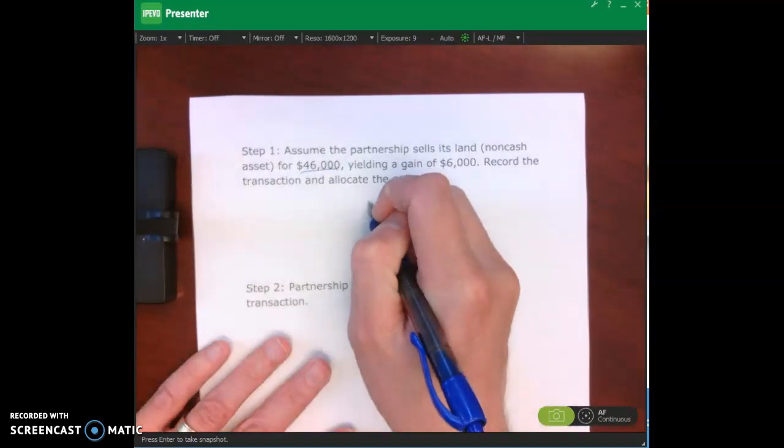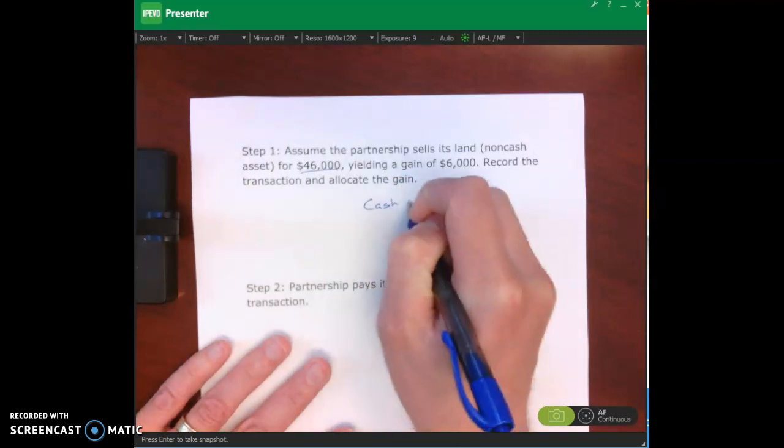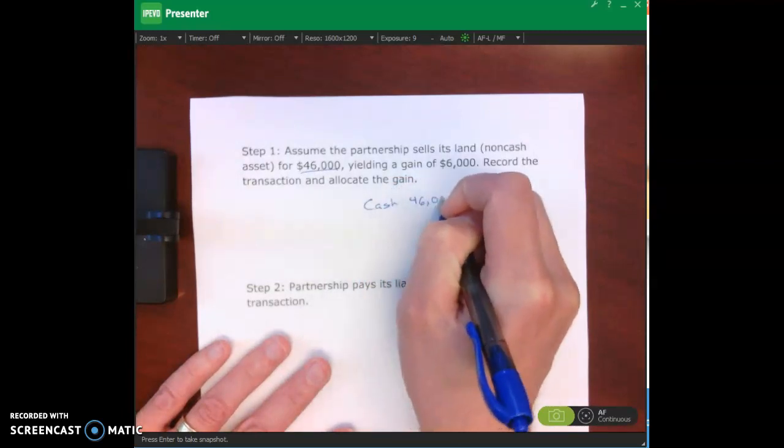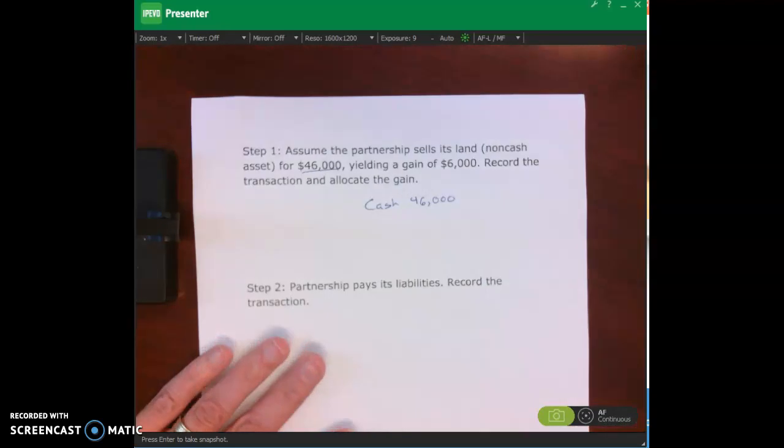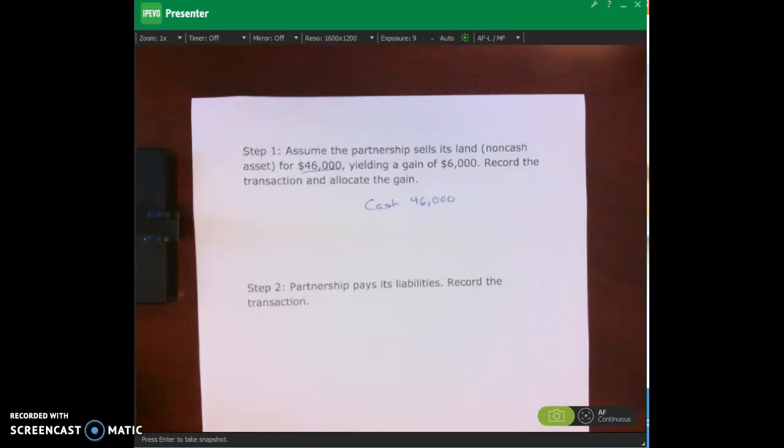So in terms of our journal entry, we're going to debit cash $46,000. And then we're going to credit land, because land has that $40,000 as a normal debit balance because it's an asset. So to remove it, just like what we talked about back in chapter 10, we're going to credit the asset.